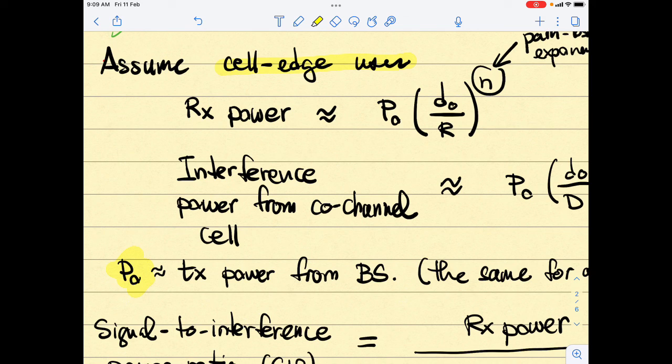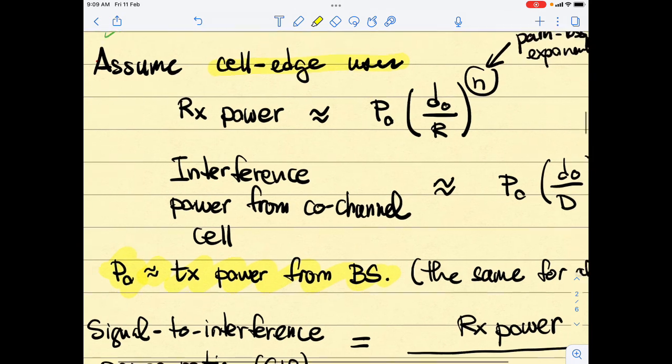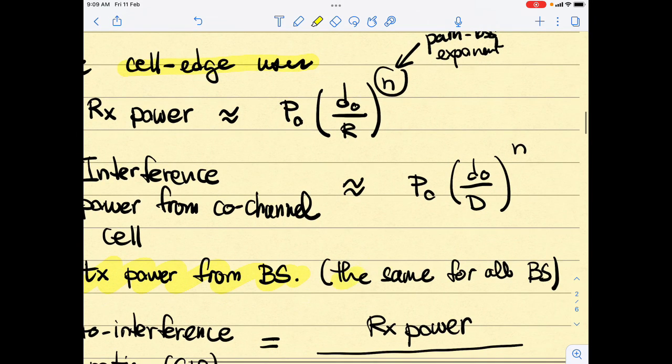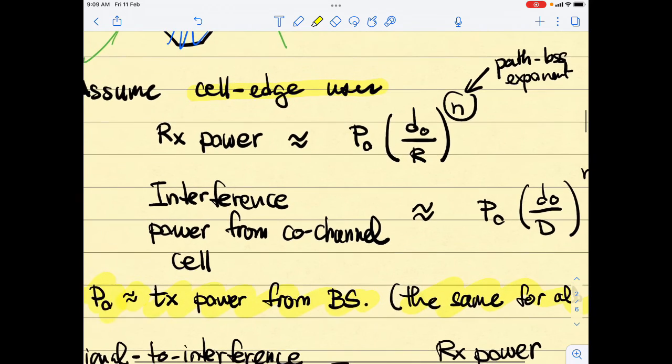Usually it's very close to the base station, so we're going to approximate this as the transmit power from the base station, and all the base stations will use the same power. So we're going to approximate that the transmit power from the other base stations is also equal to P0. Okay, so we got the receive power.